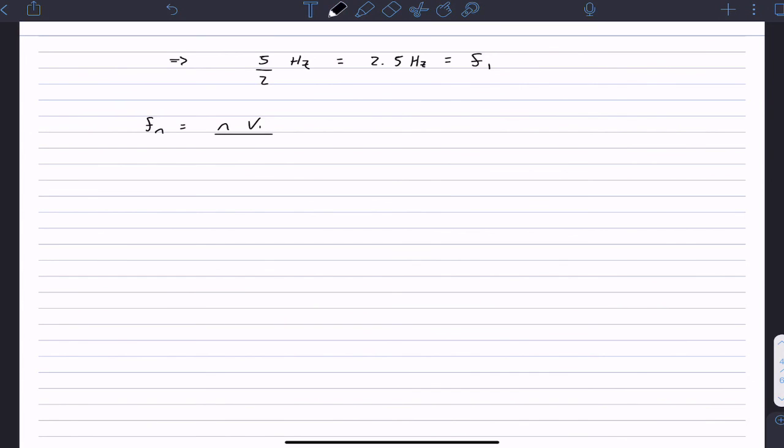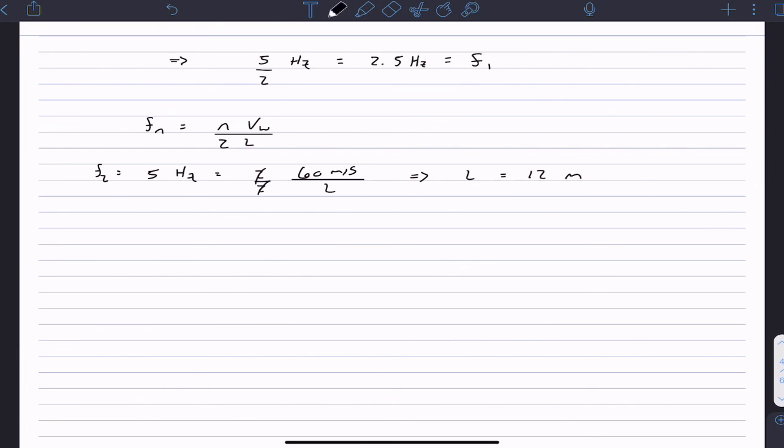It's not sound, it's just some wave, right? Over 2 times L. Then you could plug in 5. So f2 is equal to 5 hertz is equal to 2 over 2. Those cancel, times 60 meters per second is your speed. We were told that in L. And then that means that L is equal to 60 over 5 is 12 meters.